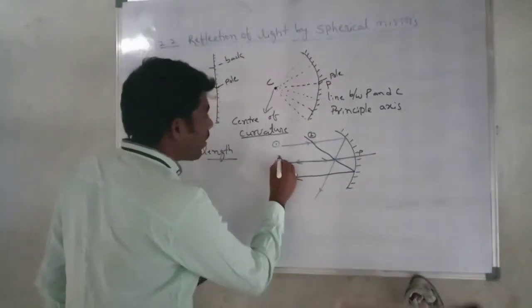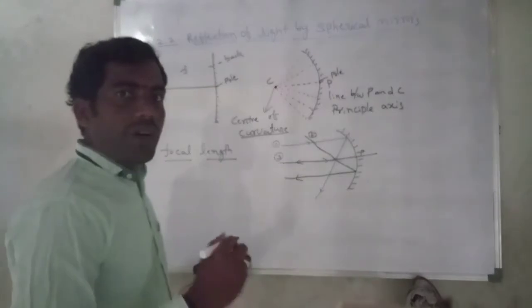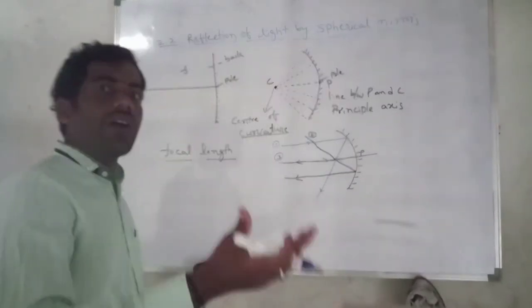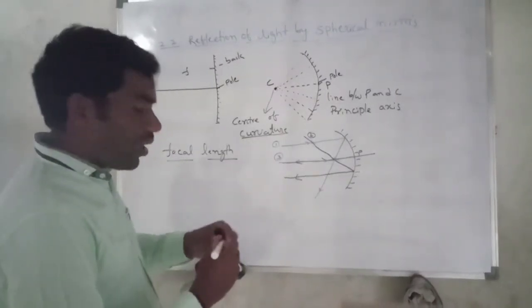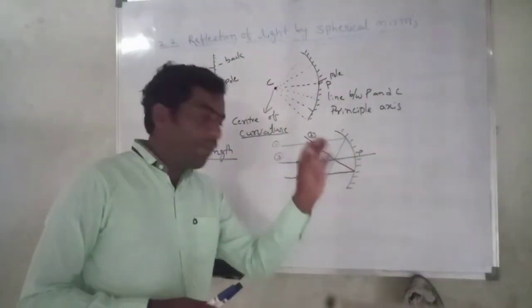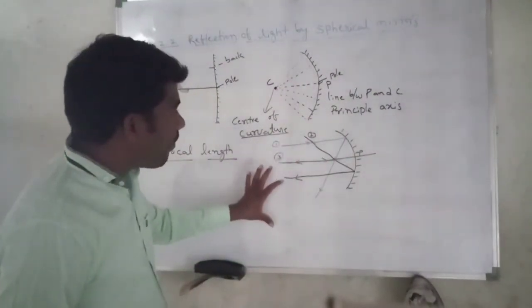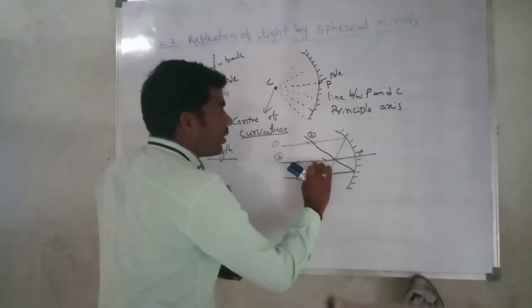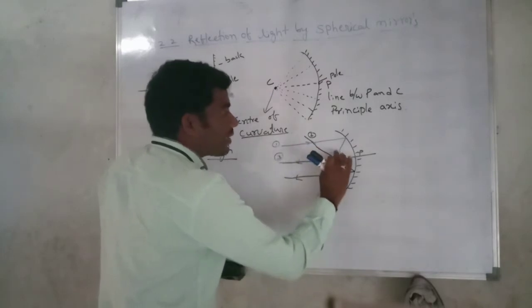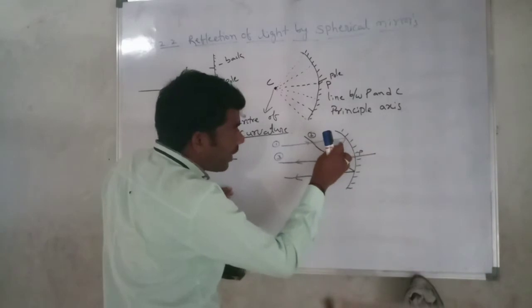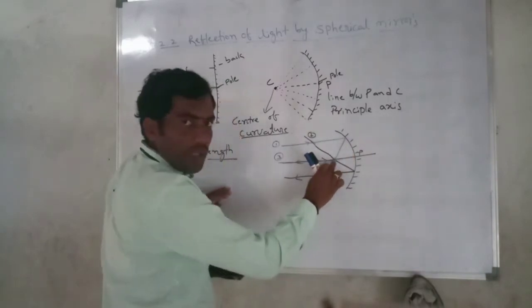These three rays are the most important for drawing the formation of the image by a lens or mirror. First, if a ray is parallel to the principal axis, then incident on the mirror, it gets reflected and goes to some point.